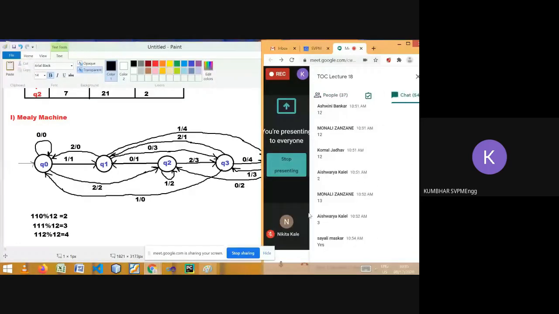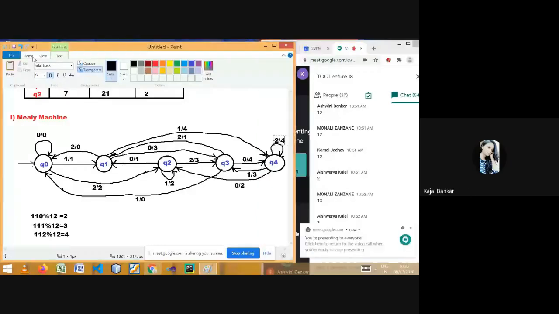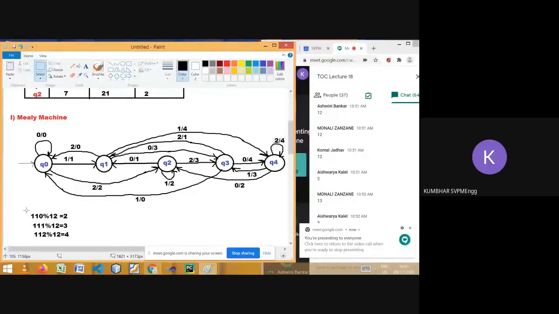Okay, great. So shall we go for the Moore machine now? Very simple, because in the Mealy machine we have done most of the task. Let me give the heading.